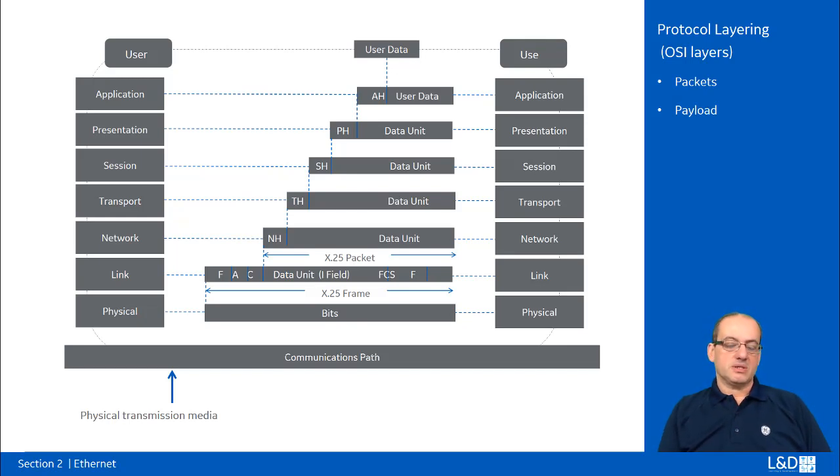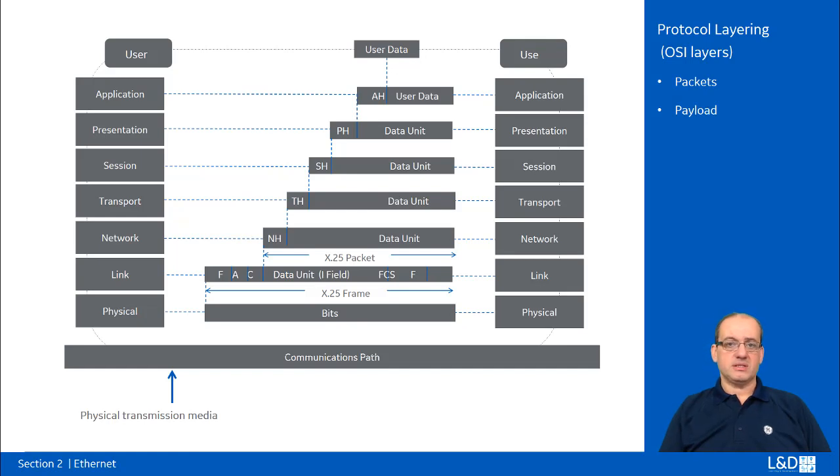So for example, as you can see, we've got the user application layer, and then you've got an application layer that creates the user data payload, and then the payload will get more information attached to it.